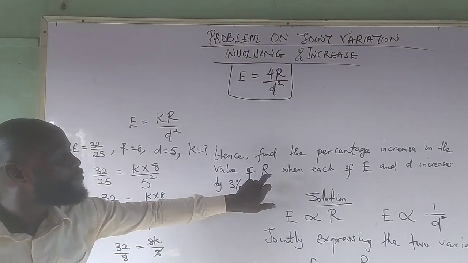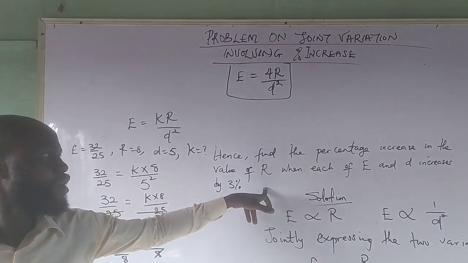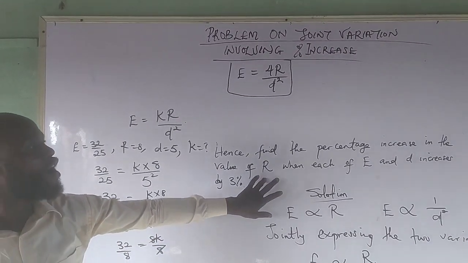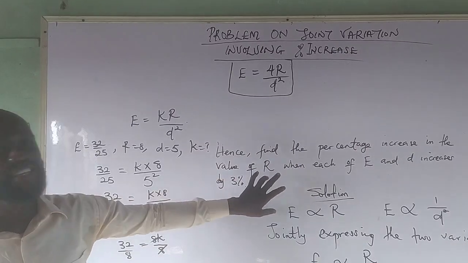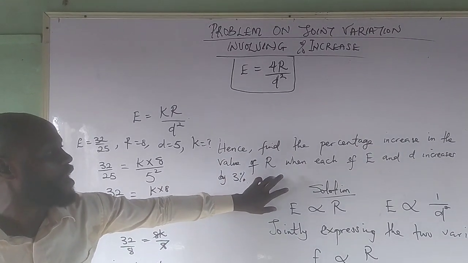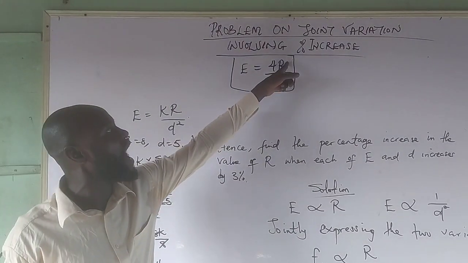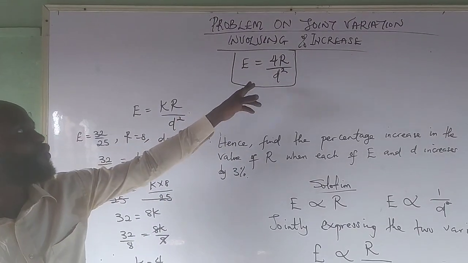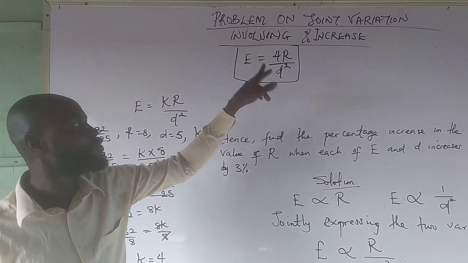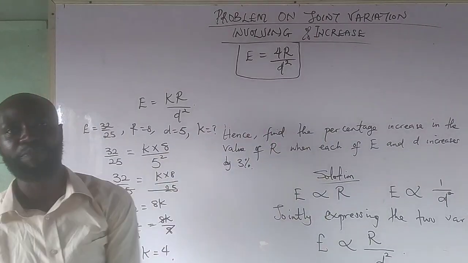But the question here focuses on variable R. Now let us find the percentage increase in the value of R. That means we make R the subject of this equation. We try to transform this equation so that our R will become independent.